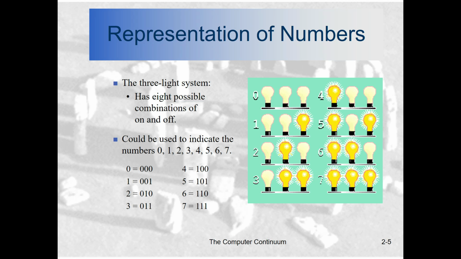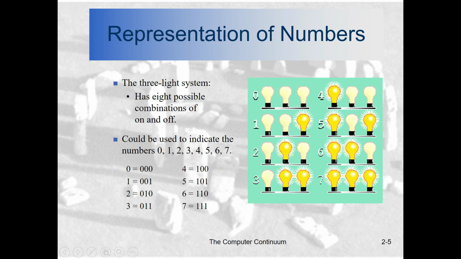Now we have attached different circuits to each light bulb. If all 3 circuits are 0, meaning turned off, then no light bulb would light up. That represents a 0, which means no circuit is switched on.